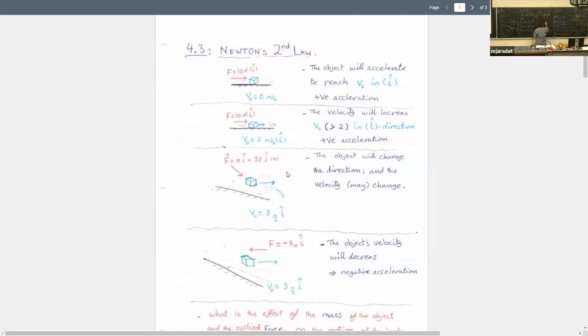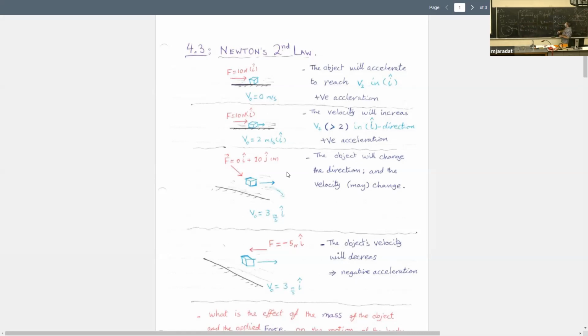So when V2 is bigger than V1, we have acceleration. This acceleration is positive acceleration. When we have V2 less than V1, we have negative acceleration or deceleration. Okay?